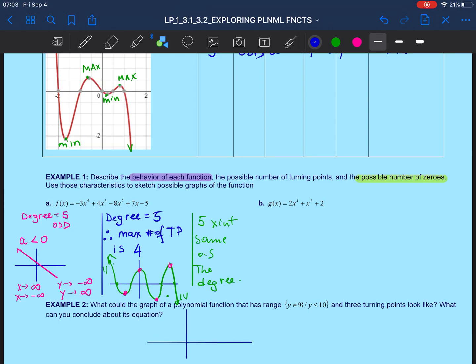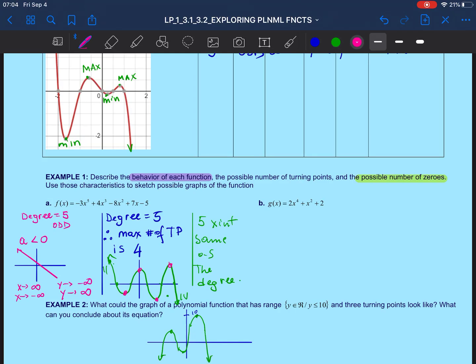So if y is less than or equal to 10, then 10 will be the highest value, and if it has 3 turning points, then I'll give a turning point to 10, and that's the second turning point, and here is the third one. One, 2, 3 turning points.